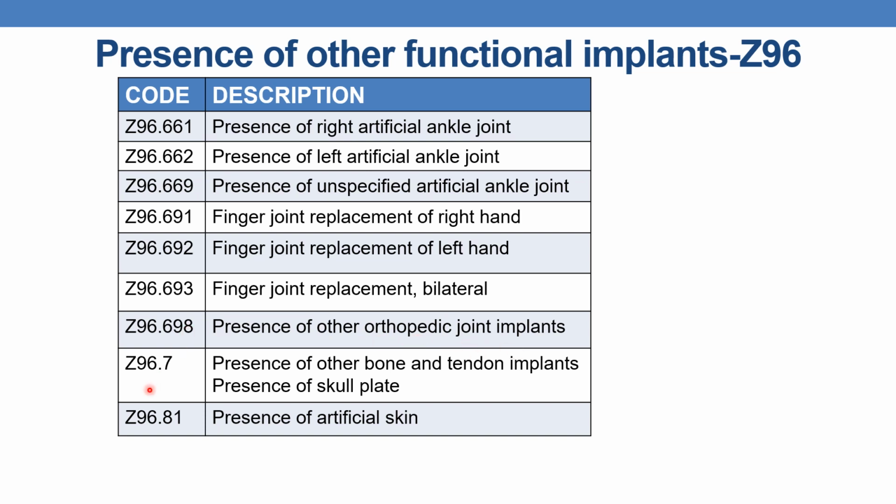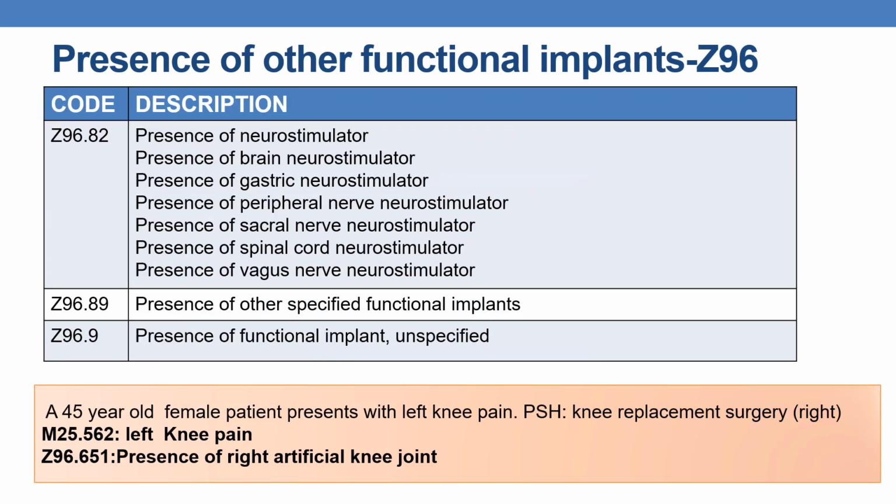The next is Z96.7, which indicates the presence of other bone and tendon implants, or presence of skull plate is also indicated by Z96.7. The next is Z96.81. It indicates the presence of artificial skin. The next code is Z96.82.